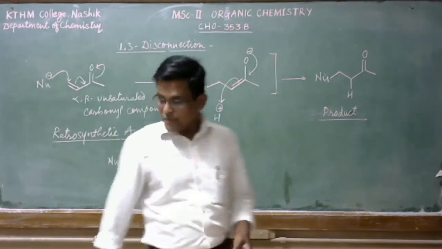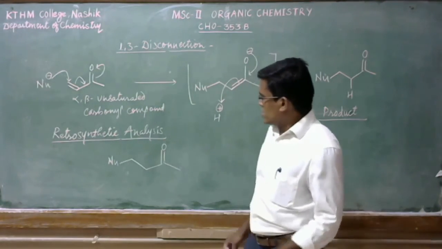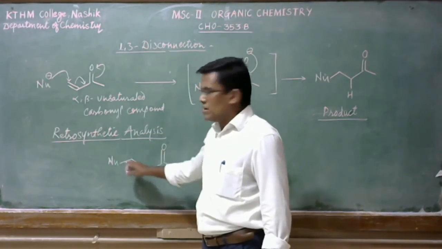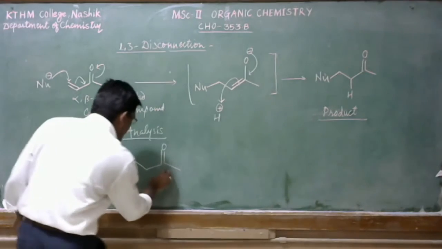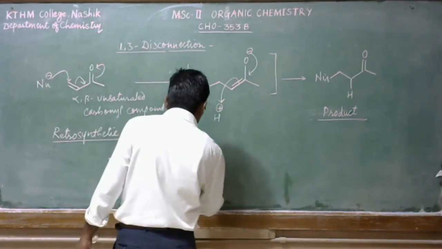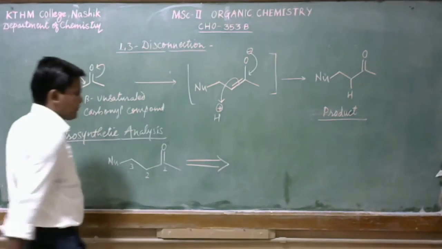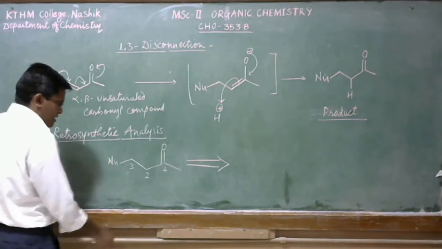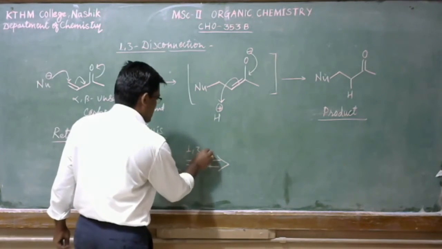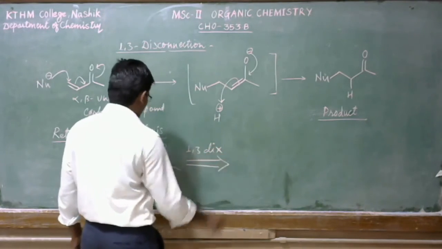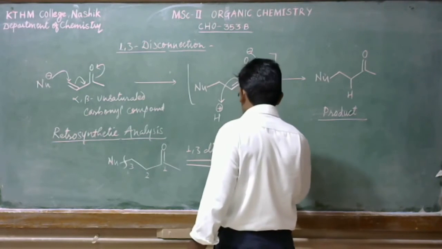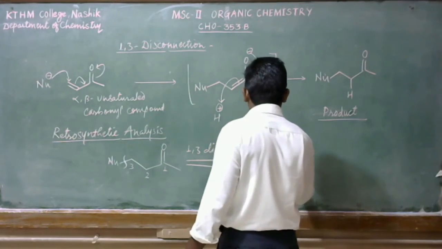So this nucleophile is present at this third position. So we can write 1, 2, 3. So let us put this retrosynthetic arrow and let us break this bond. Okay, this one-group disconnection. So we would get these two fragments, two synthons.